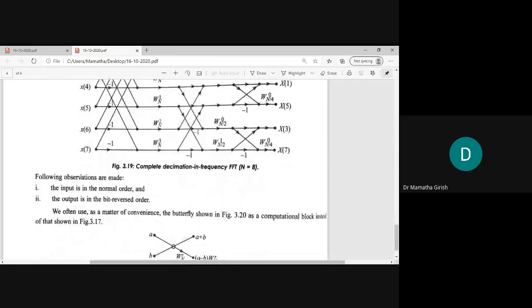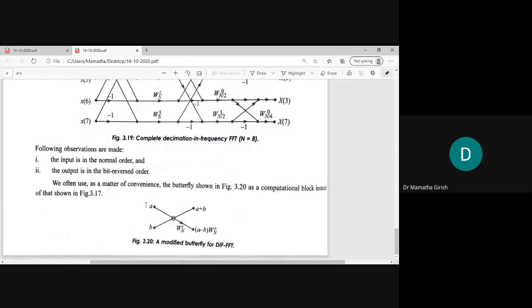This is the butterfly structure. The observation to be made is that the input should be in the normal order, whereas the output will always be in the bit reversed order, as I already told you. This is how the butterfly structure looks.